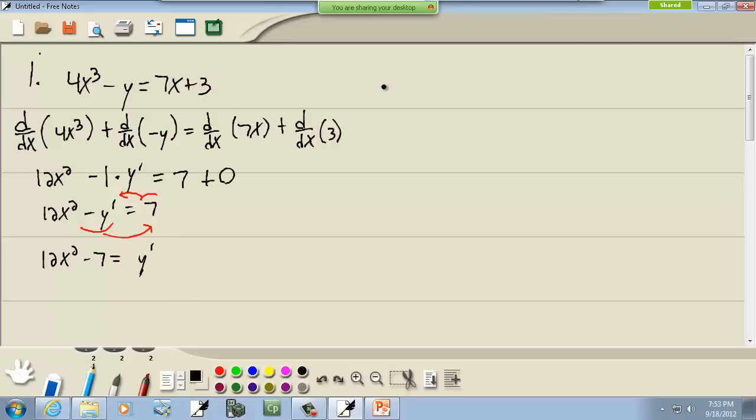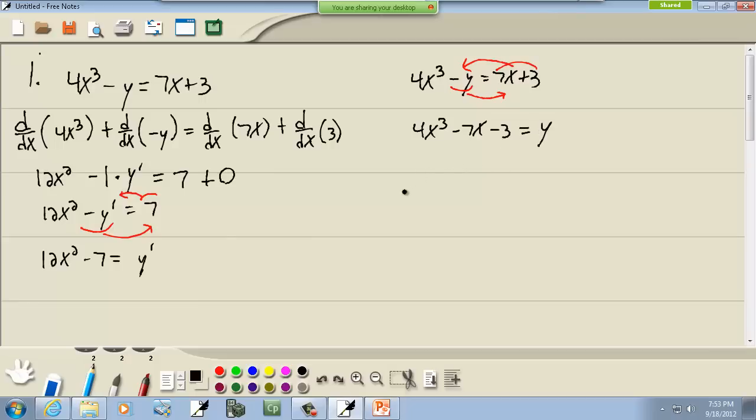Well, this particular one, we could have actually done another way. We could have solved for y. I'm going to take the negative y over to the right side, and I'll take the 7x plus 3 and move it over to the left side. So we get 4x to the third minus 7x minus 3 equals y. And then take our derivative.